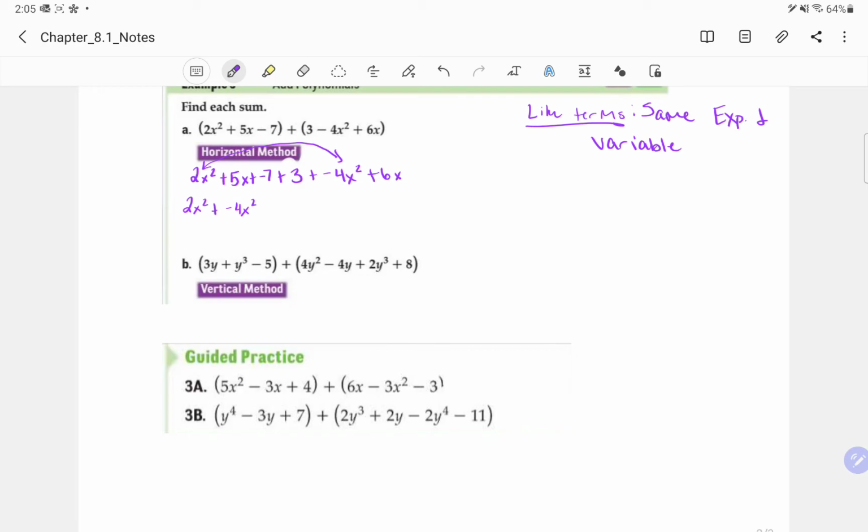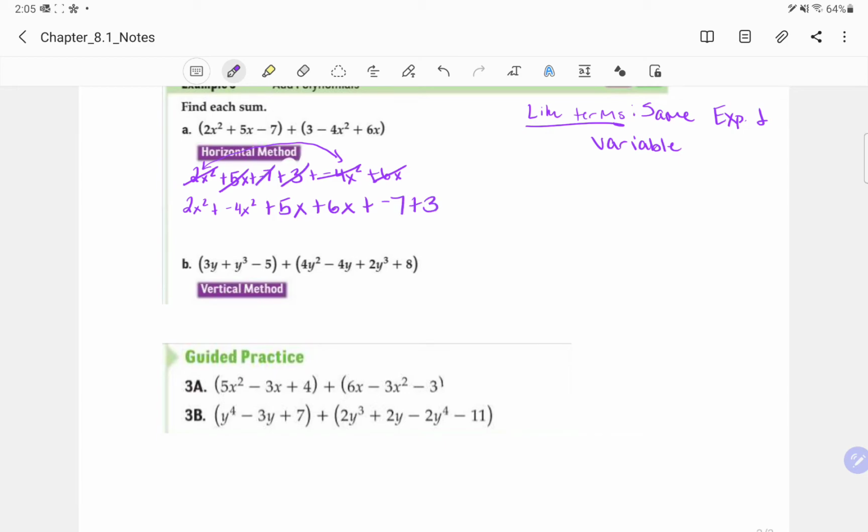So you get all your like terms beside each other. So those two are taken care of. And then my next one is a 5x, and it has a like term of 6x. And then I have negative 7 and 3.